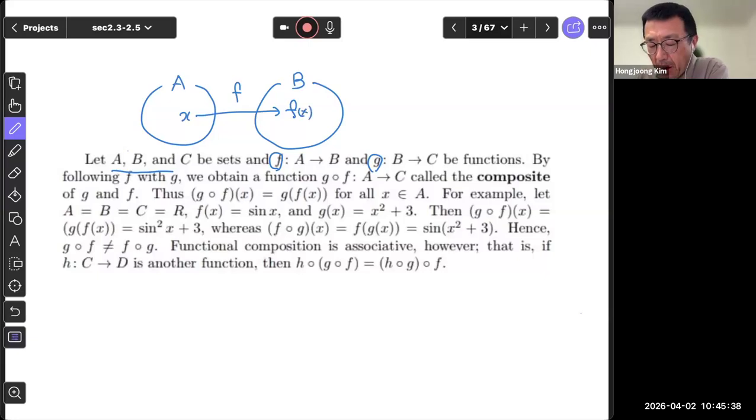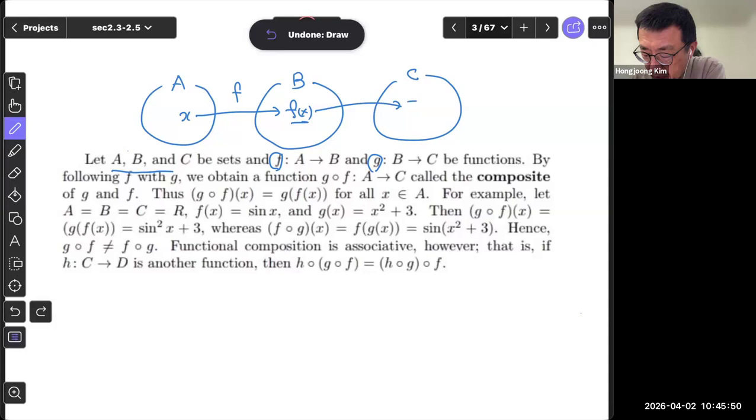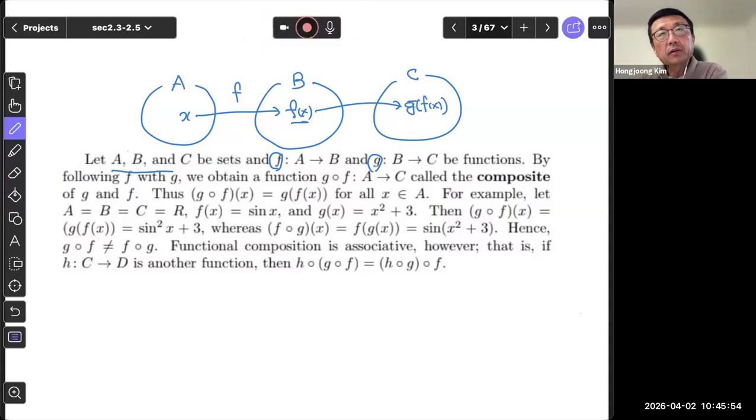Now g is a mapping from B to C, then this f of x will be mapped to certain element, right? That's what g does.